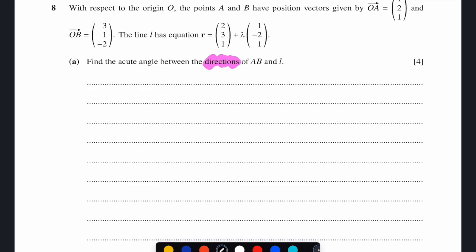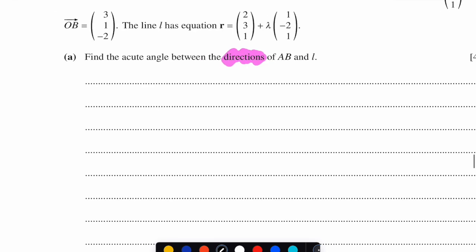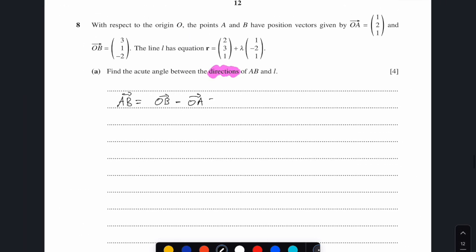Alright, so let's find AB first. AB is equal to OB minus OA, which equals (3, 1, -2) minus (1, 2, 1), which equals (2, -1, -3).